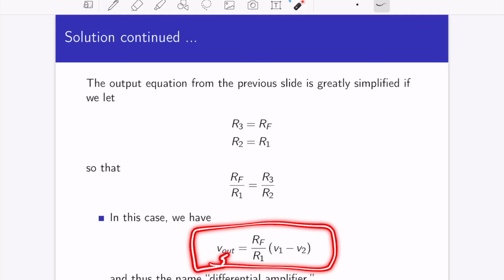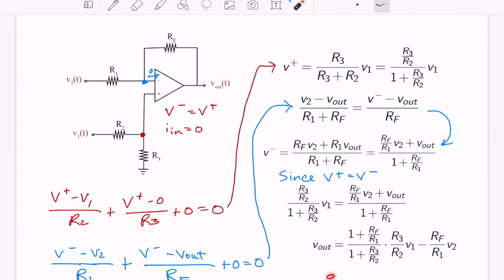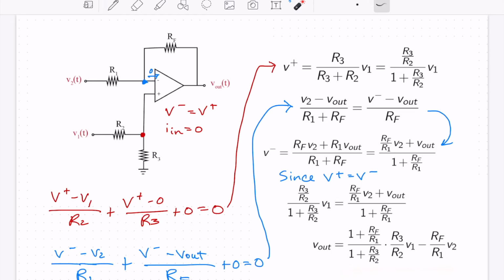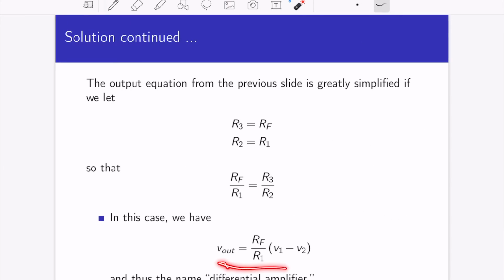So all we do is, in this expression here, substitute RF for R3 and R1 for R2, and then you end up with a very convenient expression. This is why we call it a differential amplifier. It looks at the difference of the inputs, and then it amplifies it by the ratio of RF to R1.